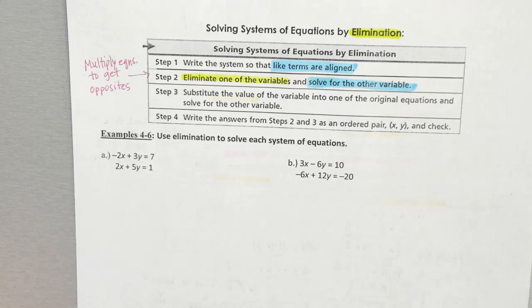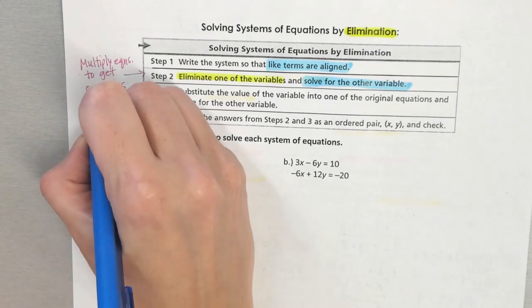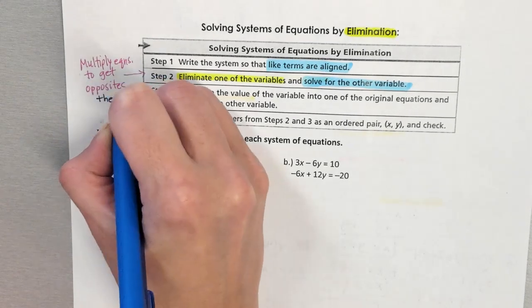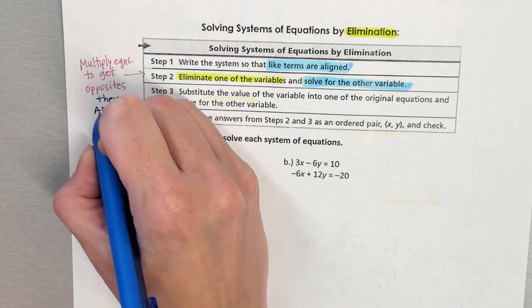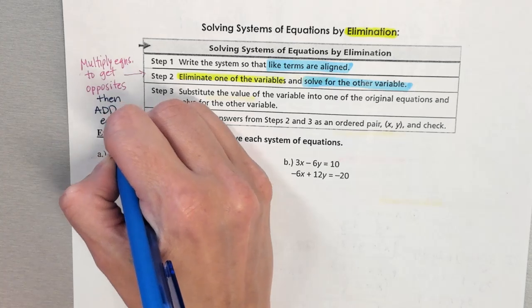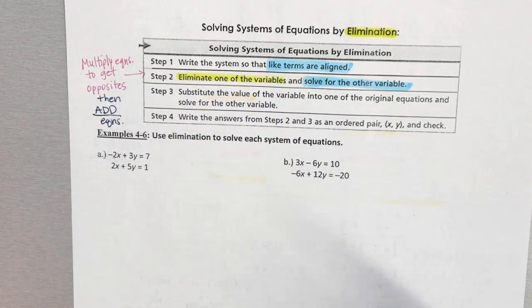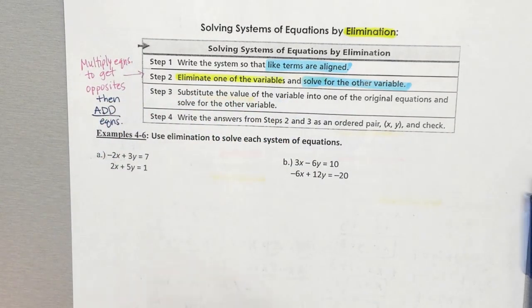After you get the opposites, then you have to add your equations. So you multiply to get your opposite, and then you're going to add them.